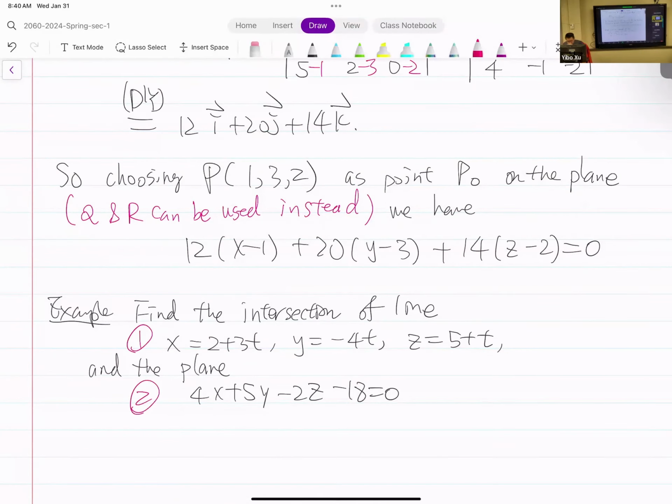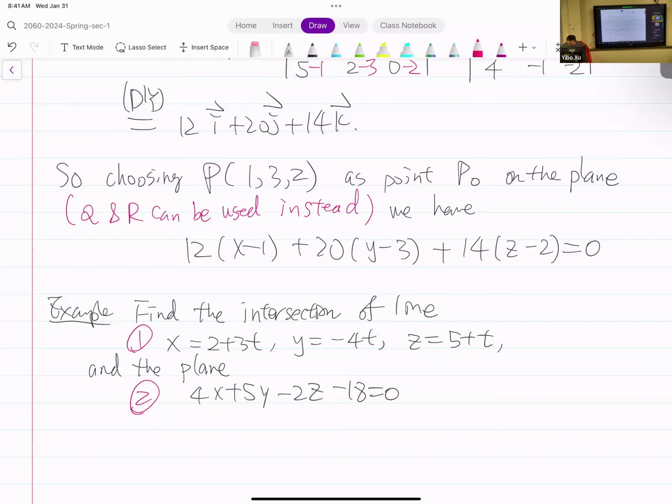So let's call the parametric equation of the line equation 1, and the plane equation is equation 2. So we just want to find the point (x, y, z) that satisfies both equation 1 and equation 2. Right?